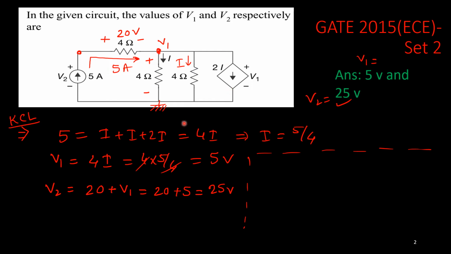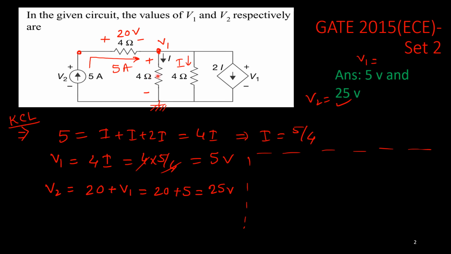So we can assume that this dependent current source could be replaced by a resistance, and as it is drawing twice the current of the 4 ohm resistance, the resistance should be half of 4 ohm. So eventually we can replace this current source by a resistance of 2 ohm.